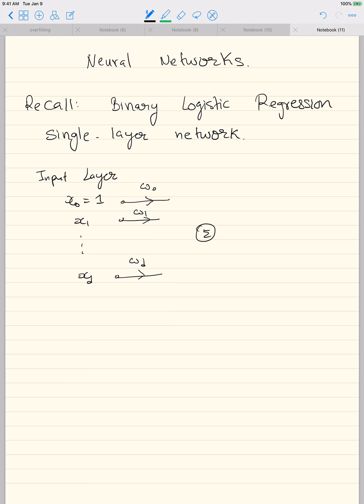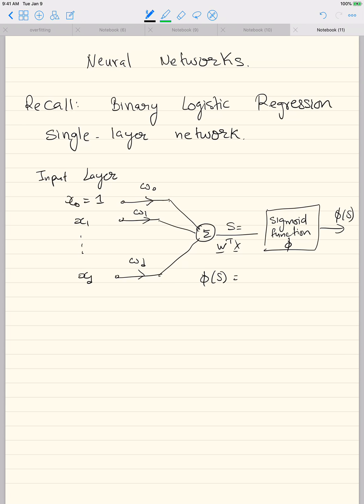We're summing it up, so we're producing a weighted sum of the input vector and passing it through a sigmoid function. And phi of s was e to the s over 1 plus e to the s. And the idea was to assign probability of the label being +1 or -1 using the sigmoid function.